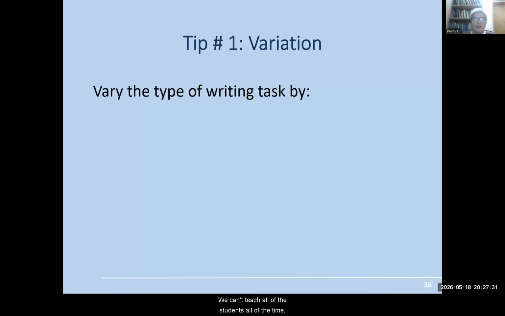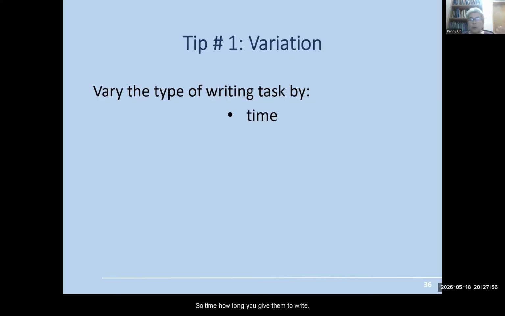We can't teach all of the students all of the time, and therefore we need to give different types of writing tasks at different times, so that if inevitably we have neglected one student one day, we try not to neglect him the next. So variation. Vary the type of writing task according to various parameters.